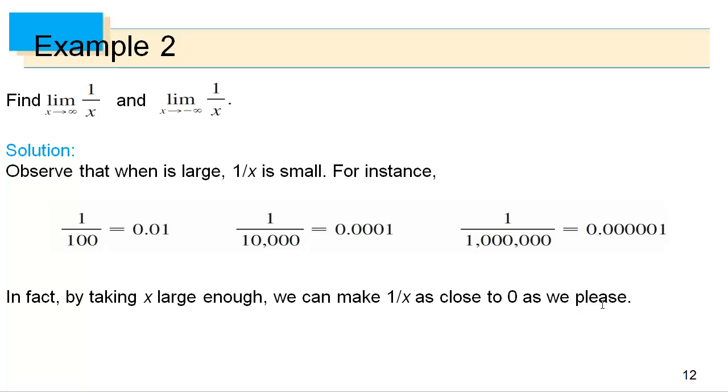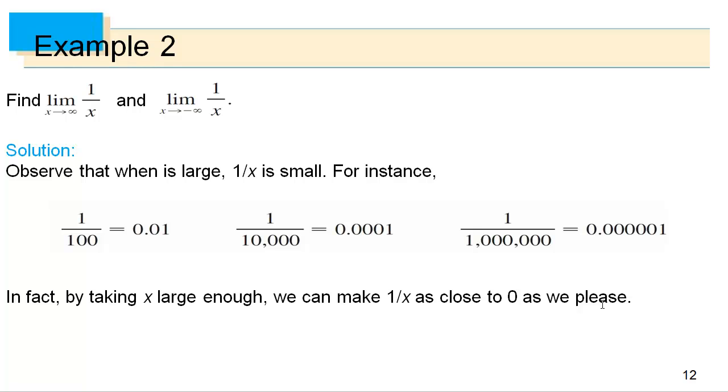Here's how we could work them out if we wanted to think about what's really happening. If we want to find the limit as x goes to infinity and as x goes to negative infinity of 1 over x, we notice that as x gets larger and larger, we're dividing by bigger and bigger numbers, which means we're getting smaller and smaller numbers, and it tends to seem like it's going to 0.